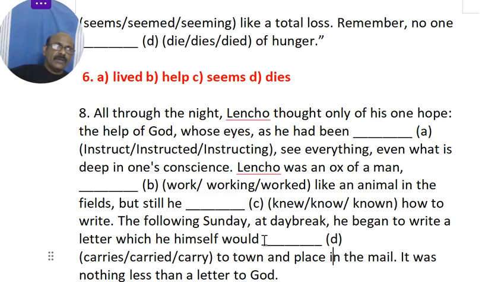Previously we used can plus V1, could plus V1. So would plus V1. So here the rules are once again repeated, would plus V1. Here the past tense, knew. Here also it is had been instructed, passive voice, had been plus V3.